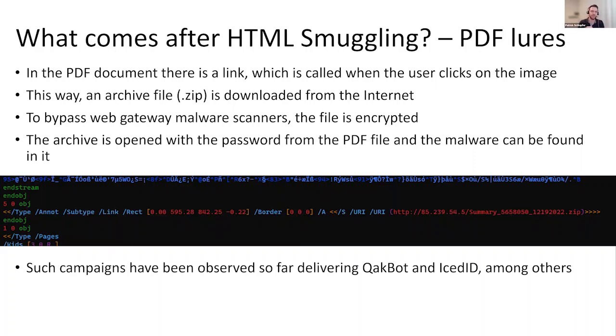So the user then has the password and needs to decrypt the zip file, open it, and then you have the whole game again. You can have all kinds of different infection chains following after the zip file. Such campaigns have been observed to deliver Qakbot and IcedID, but there are also all kinds of RATs and stealers which use the same technique to distribute the malware.